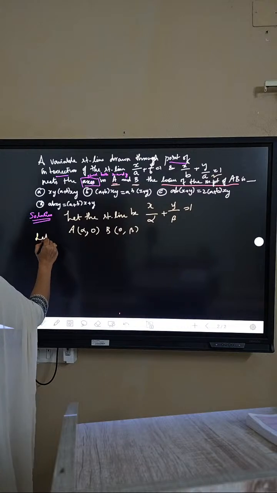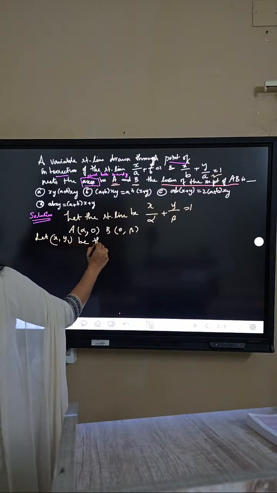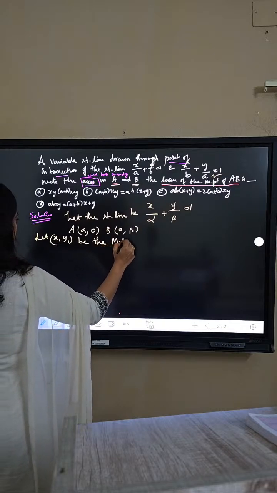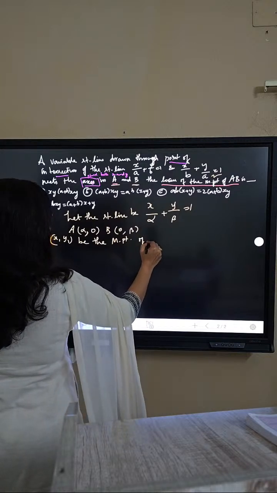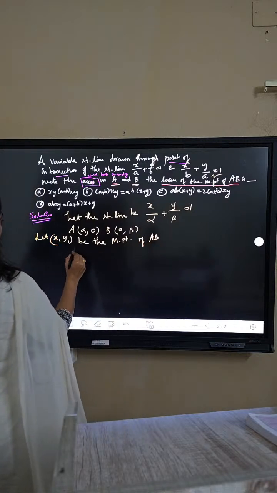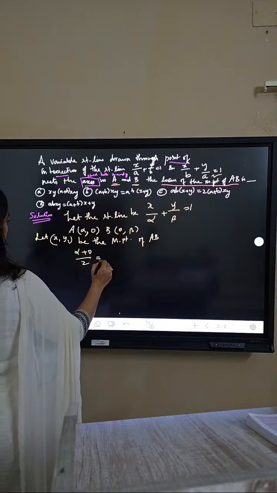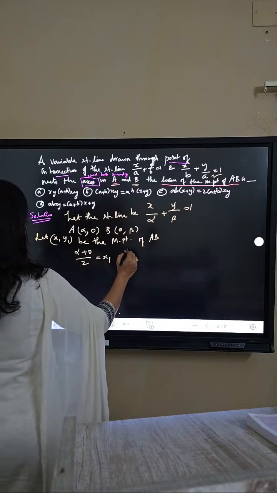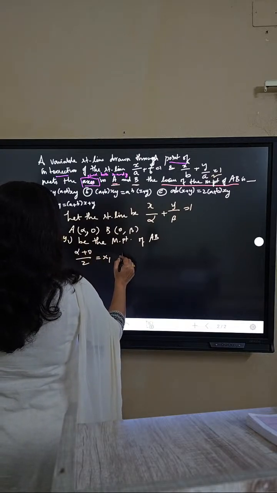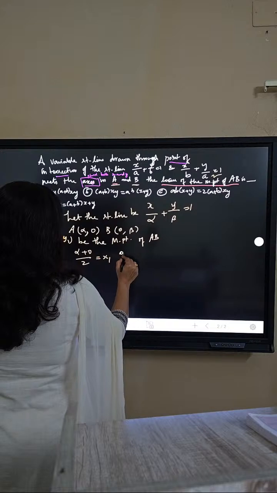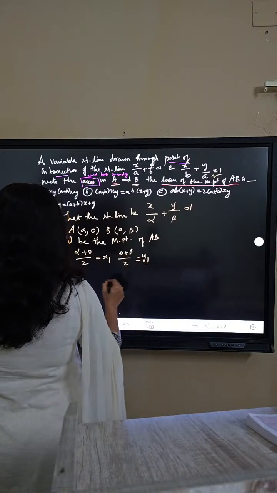You can write it here, let x1 comma y1 be the midpoint of AB. Okay. So what is the formula? Alpha plus 0 by 2 is equal to x1, and this is the formula, right? Then 0 plus beta by 2 is equal to y1.